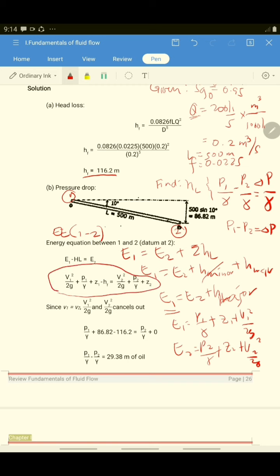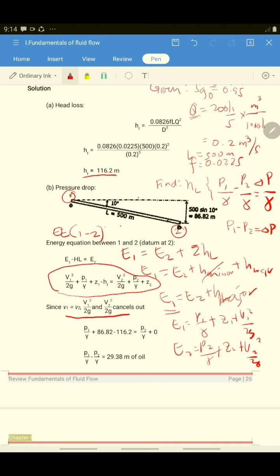Then, since they are the same pipe in section 1 and section 2, and you have the same discharge Q, your velocities V1 and V2 are equal, so that's why they cancel out.